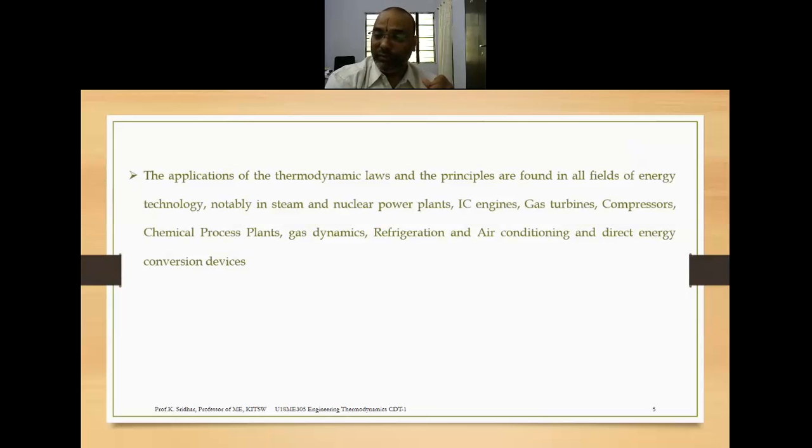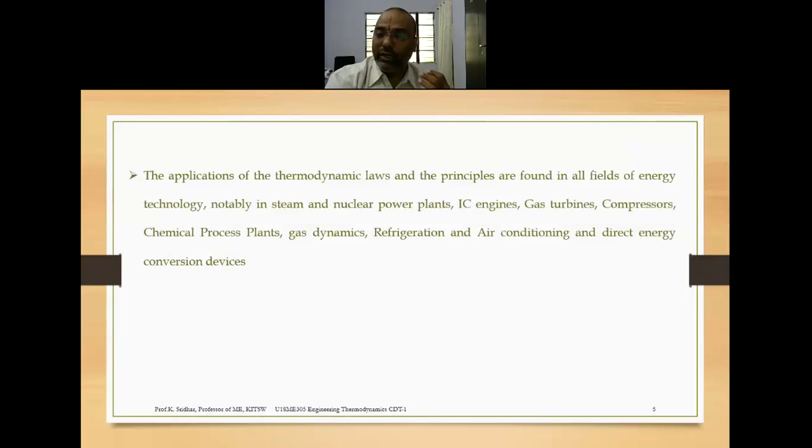And similarly, the compressors. In compressors also we have various types like the reciprocating air compressor, rotary compressor, centrifugal air compressor. How do they work and how can we predict their performance? And similarly, the various chemical process plants, gas dynamics, and refrigeration and air conditioning.